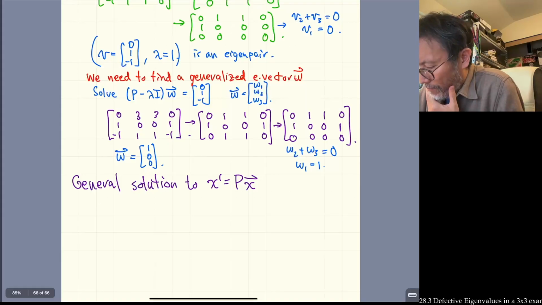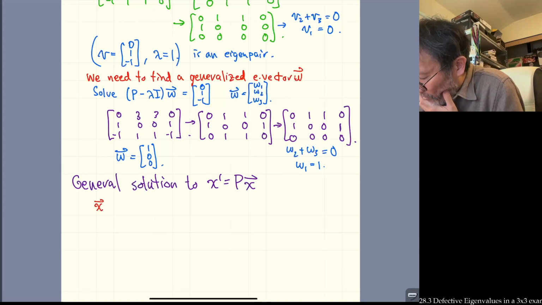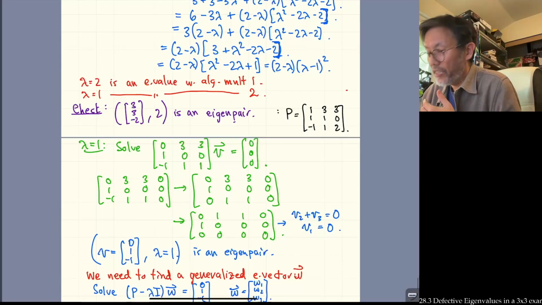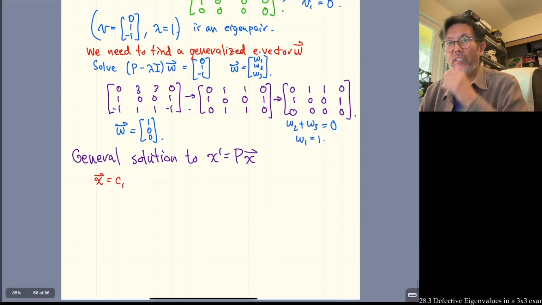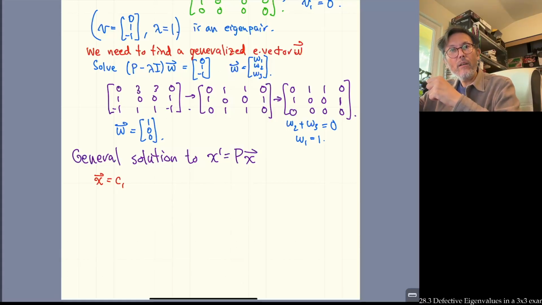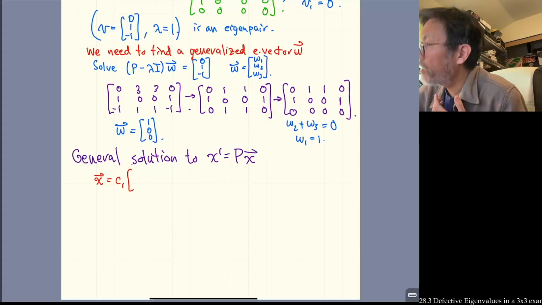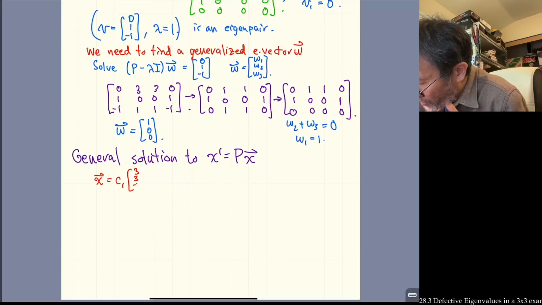So x is equal to c1 times my first eigenpair, here it is, 3, 3, negative 2, with eigenvalue 2. So that's c1 times that v times e to the lambda t: 3, 3, negative 2 times e to the 2t.